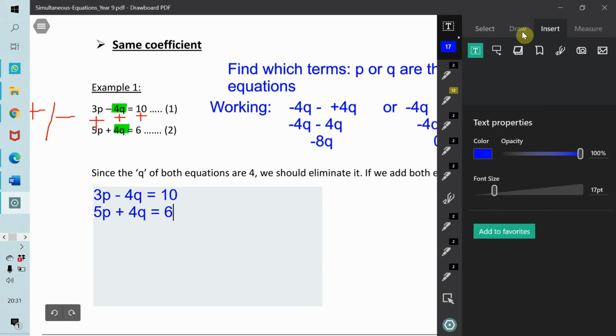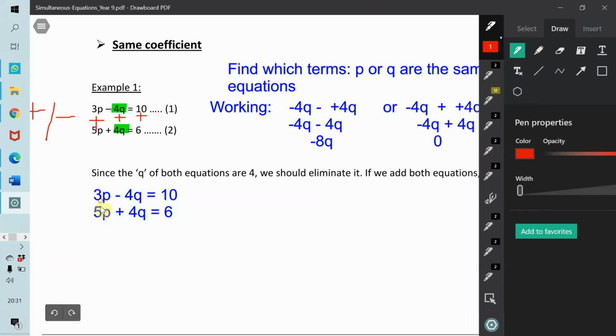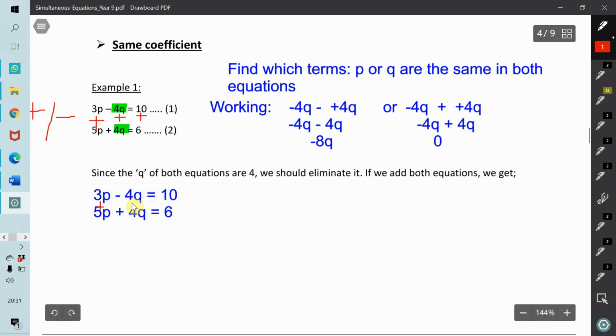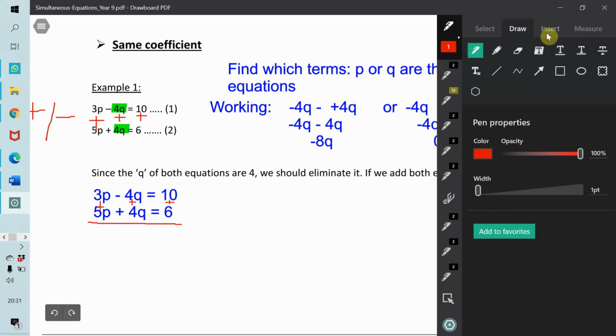Let me put the plus between them again, because there is this phrase, and I like to do everything one after each other. Okay, let me draw a line. So let me work it now.